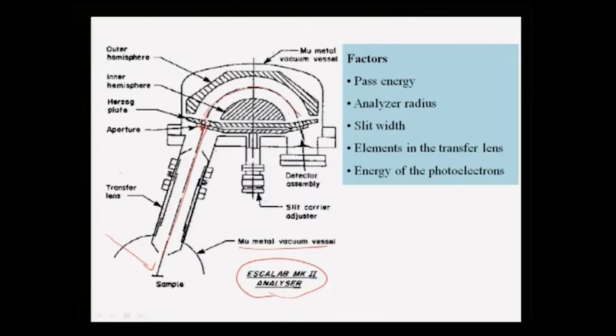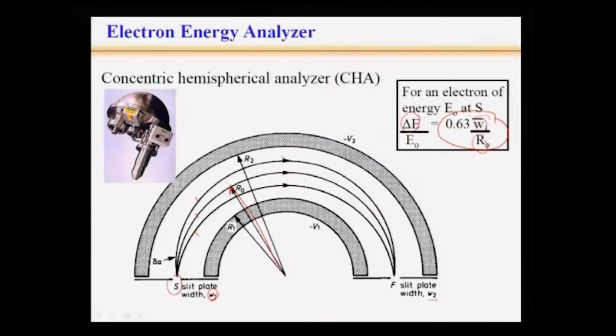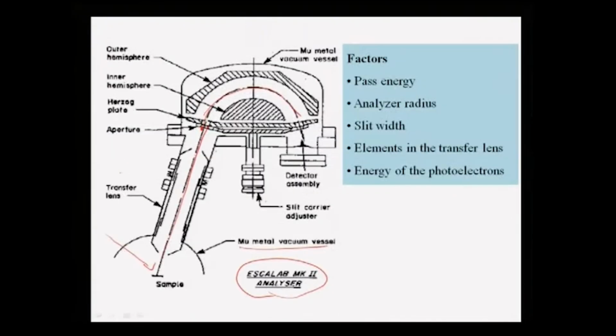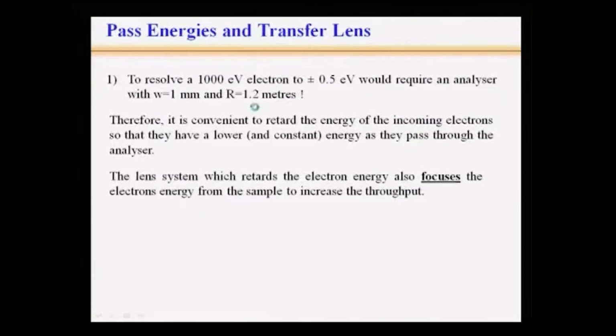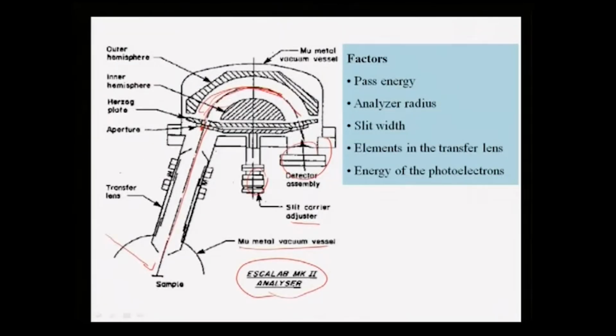This is the inner hemisphere and this is the outer hemisphere, R1 and R2, and inside this the electron moves and gets detected. This is the detector assembly, and this is the slit adjuster. There is a slit here, which can be adjusted using this adjuster.